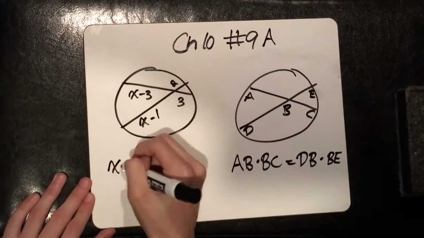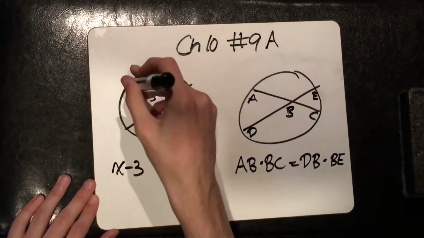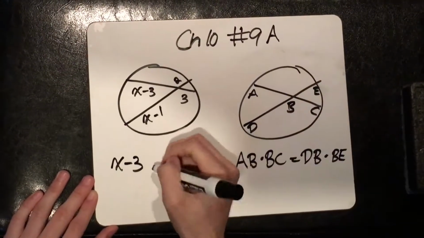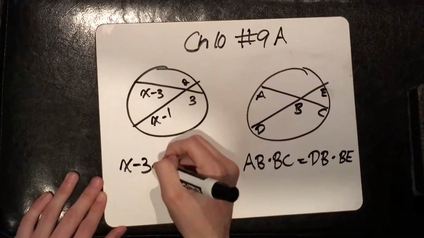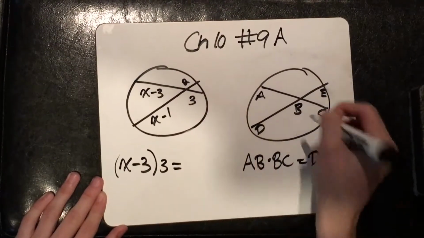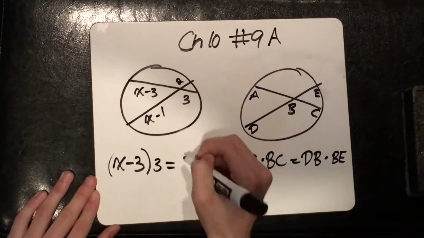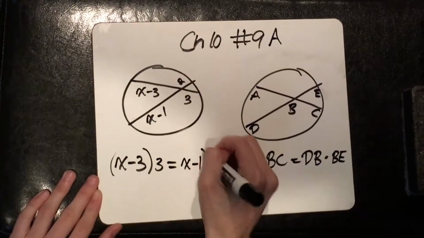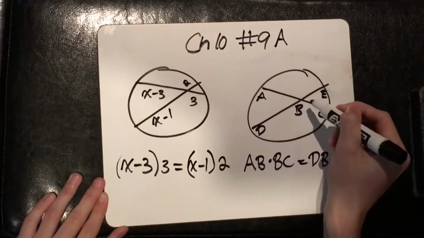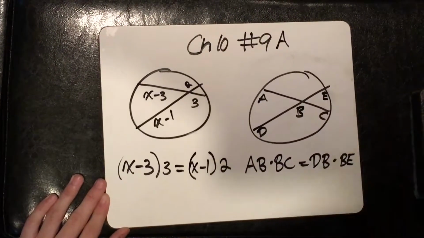So we can do x minus 3, because x minus 3 in this case would be like AB. That would be the measure of AB. And we multiply that by 3, which would be the measure of BC, and then x minus 1 times 2, which would be DB times BE.